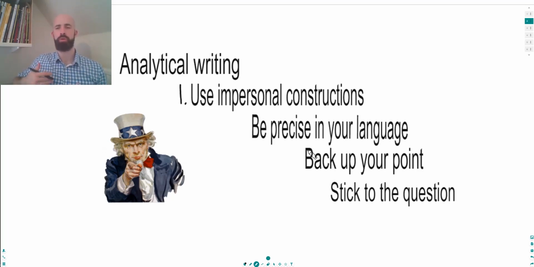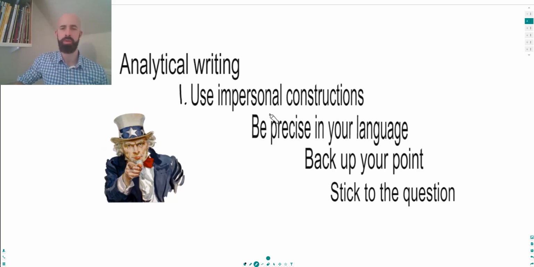So you don't want to begin your exploration on one side saying, I think this, and I think this. And then as you look at the other arguments, you go on to say, well, I think that, when these two points of view may be contradictory. You don't want to be contradicting yourself in that way. So what you want to do is present your arguments in an impersonal way.